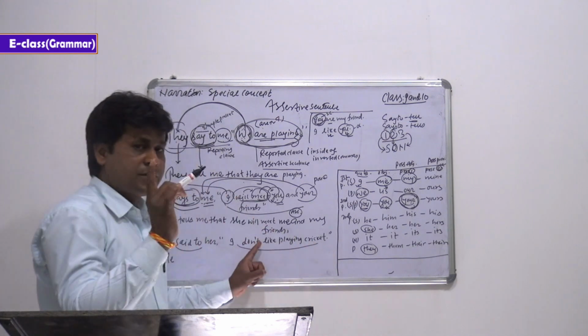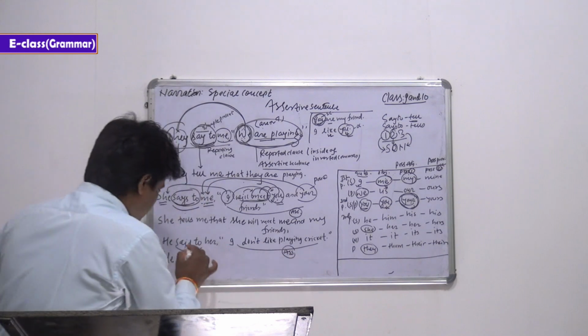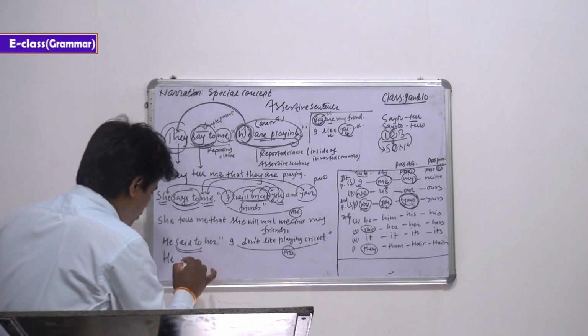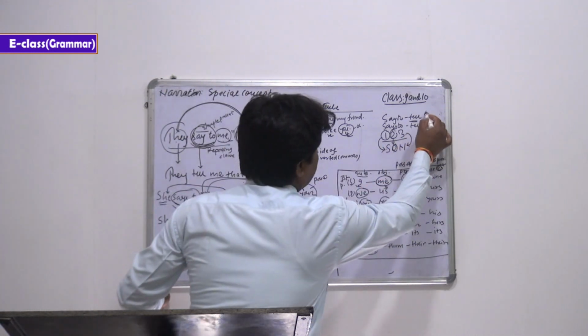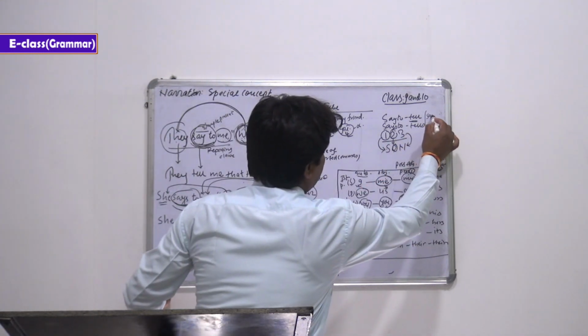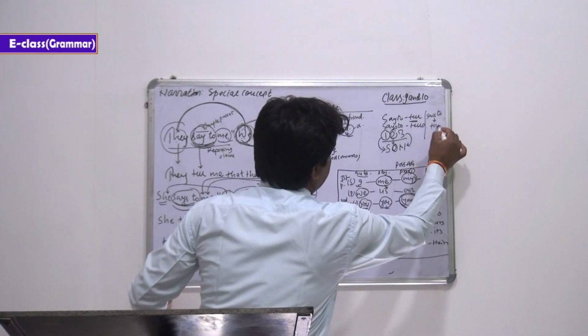If we have reported clause is an assertive sentence. This is an assertive? Yes. Then this said to is changed into told. Told. Said to is changed into told here.